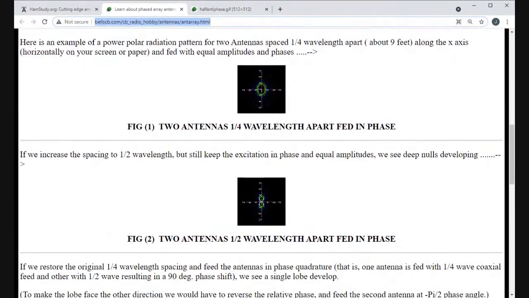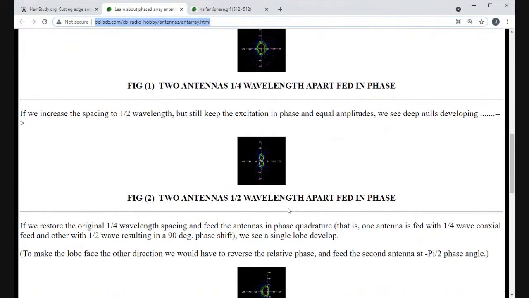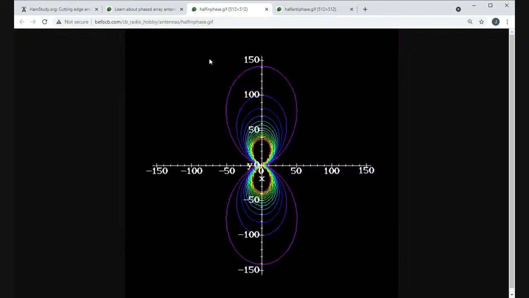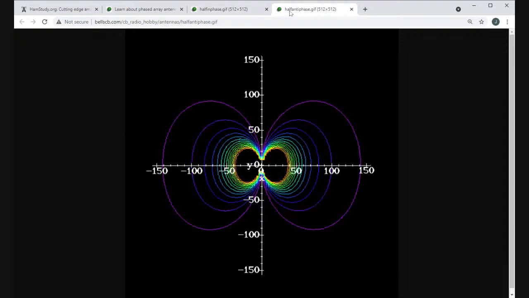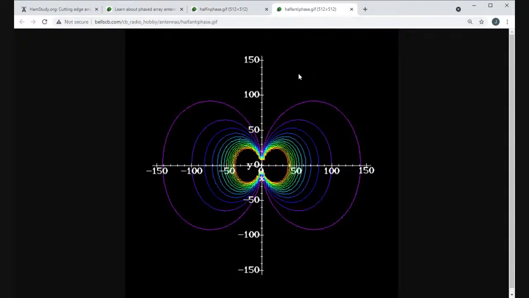So you have one for two antennas quarter wavelength apart in phase, two antennas half wavelength apart in phase. This is what they look like if they are in phase. A figure eight up and down, and if they're out of phase, it's a figure eight left and right.